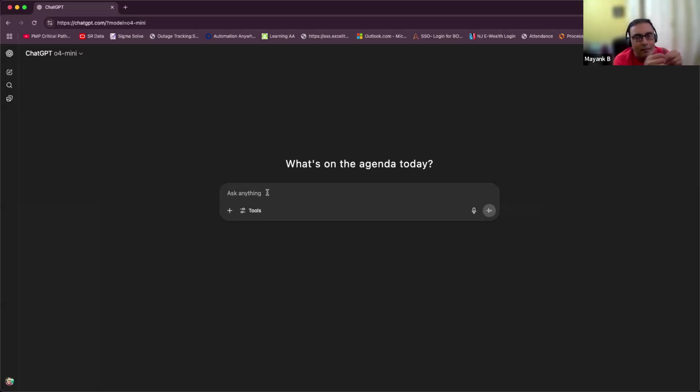And one thing I want to tell you is any LLM doesn't want to help you. It just wants to generate a text for you, right? So in order to get a maximum output, you need to define the role. You need to give the task to the LLM, that what exact task that you want the LLM to perform. And then context is optional, you can give it, or you can ignore it.